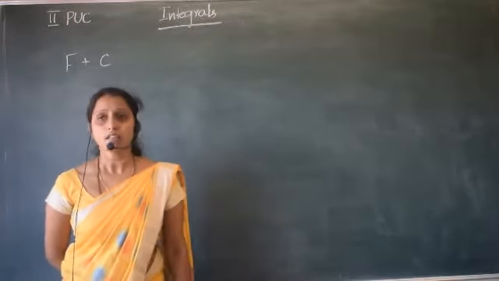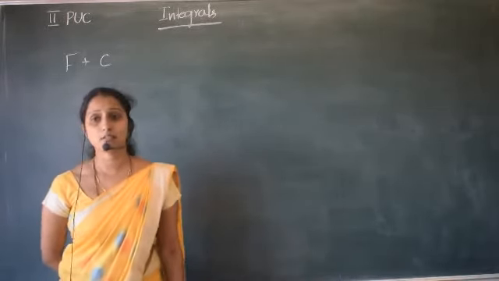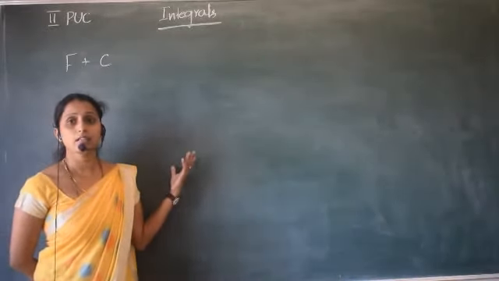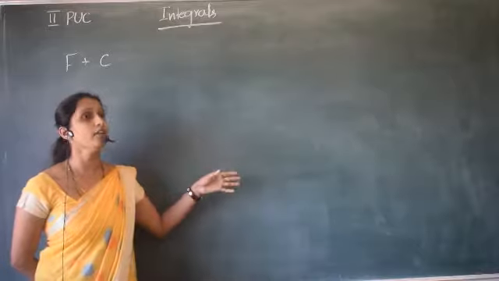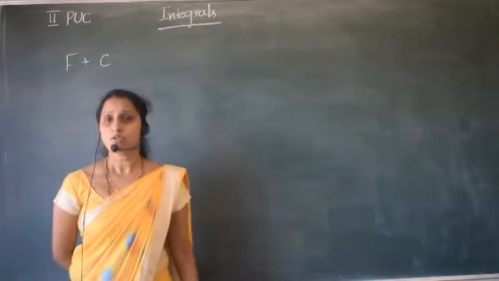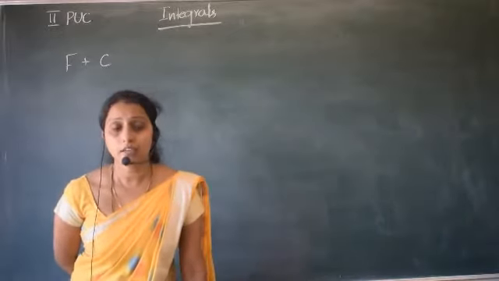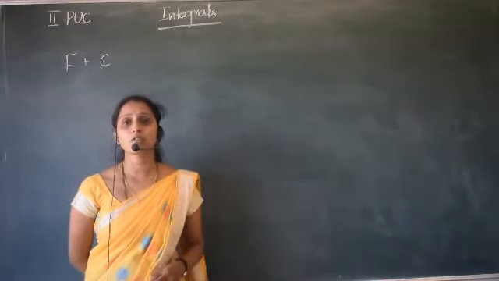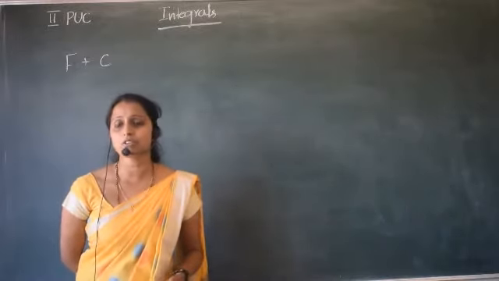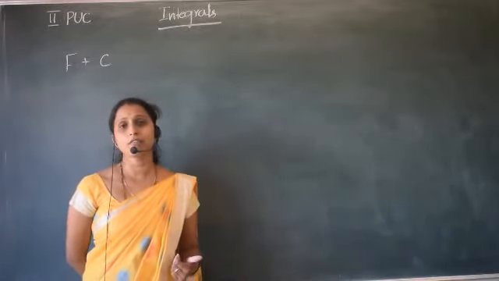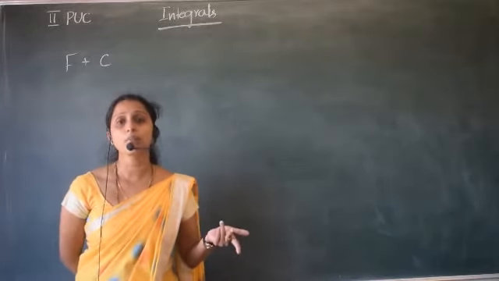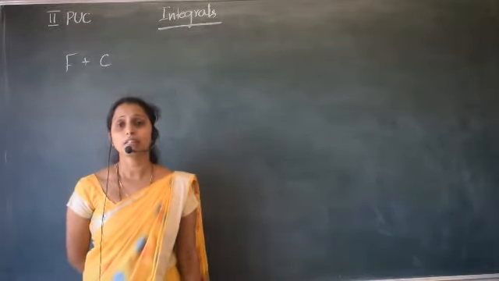Suppose I get the function as e power minus x square, we cannot see what function has a derivative equal to the given function. That is not possible to find out. Therefore the method of inspection is not applicable for all the functions, only for simple functions like trigonometric, exponential or polynomial functions.